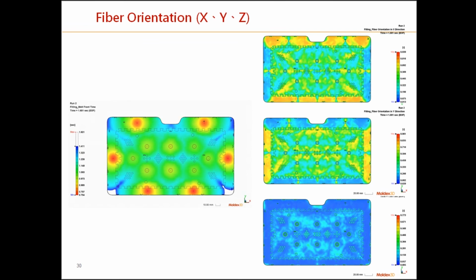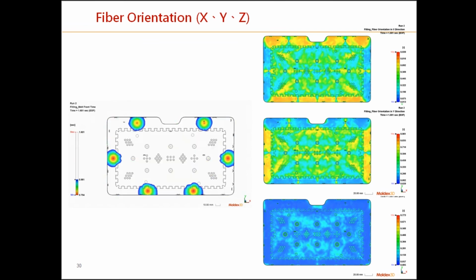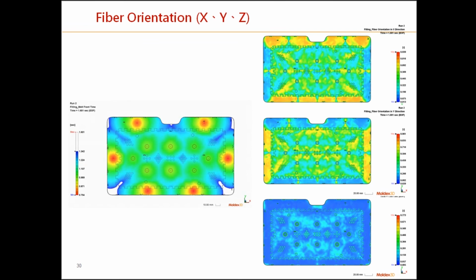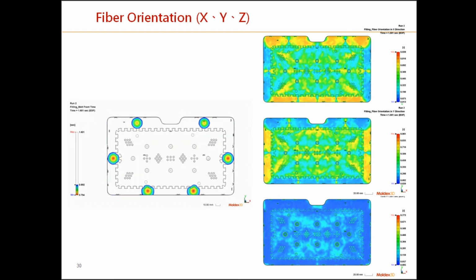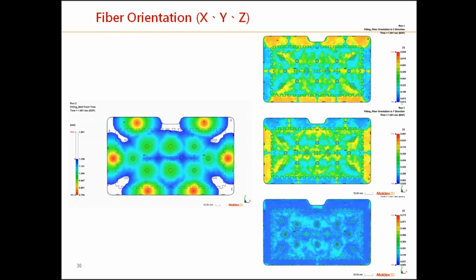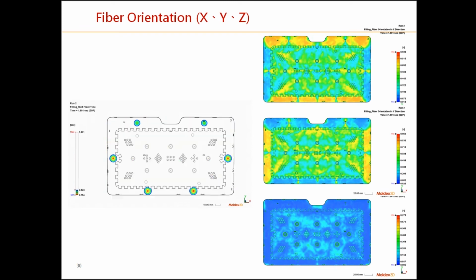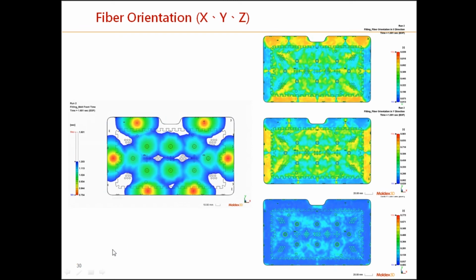Once we have the melt front behavior, we can further get the fiber orientation along different directions. As you can see, the higher the value, the more the fibers are oriented along the given direction.